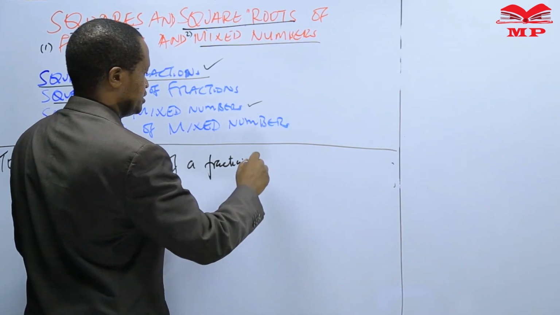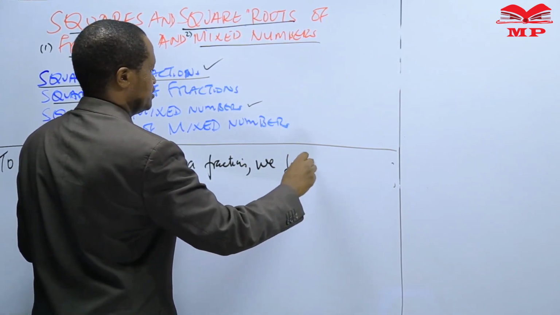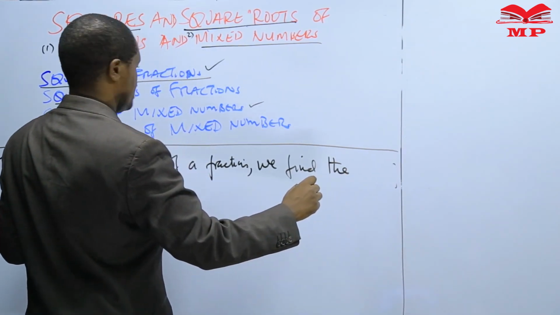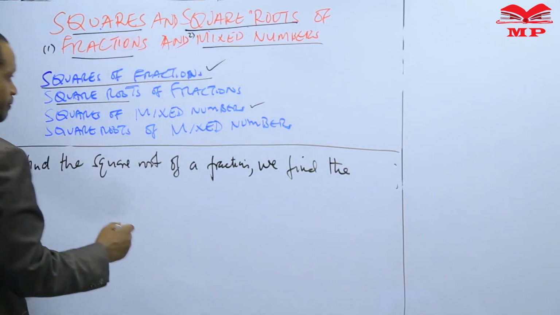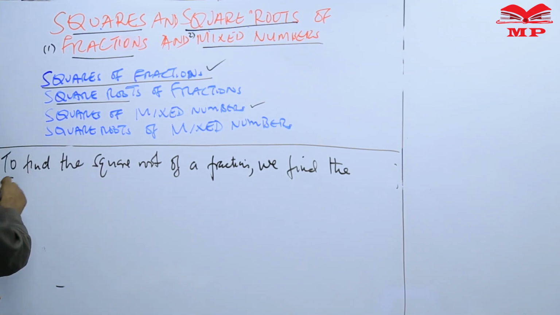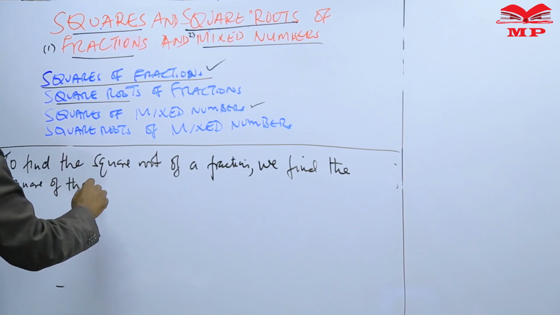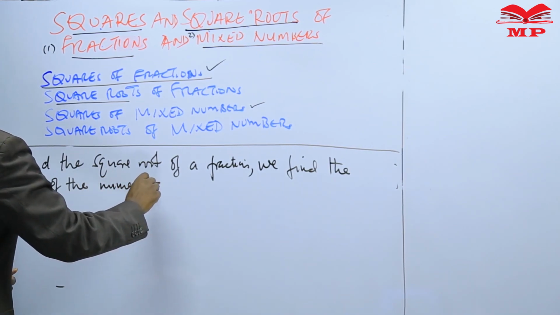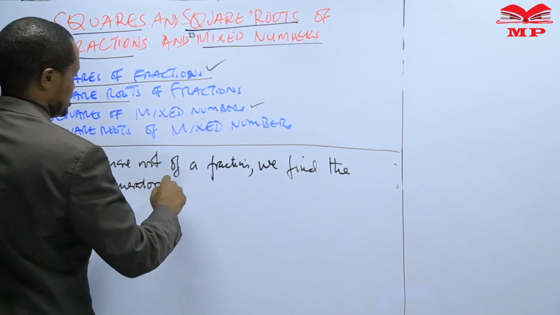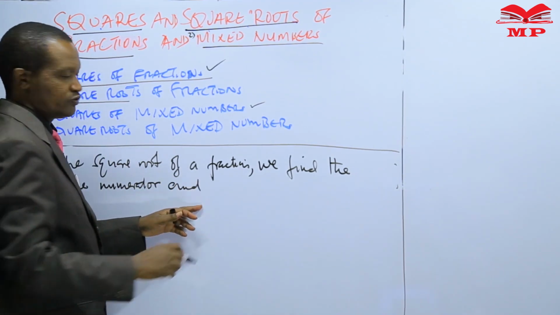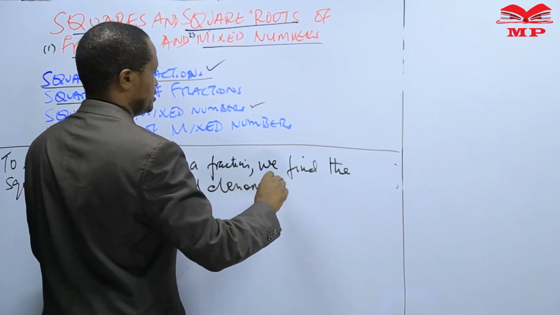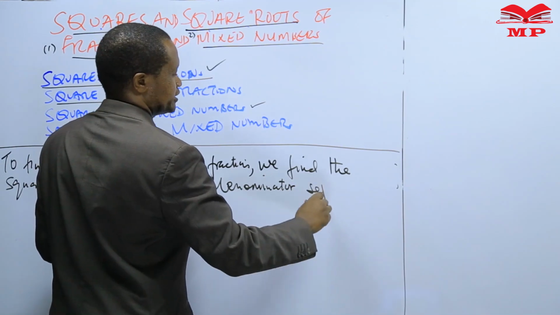The answer is we find the square root of the numerator and the square root of the denominator separately.